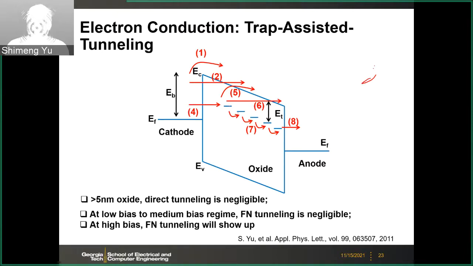But if you have the oxygen vacancy, then the most probable path is through those stepping stones for the electrons. So electrons will tunnel from the electrode to those oxygen vacancies, or what we call traps, and then they will tunnel from trap to trap. So this is a trap-assisted tunneling mechanism, similar to what we discussed earlier in flash.